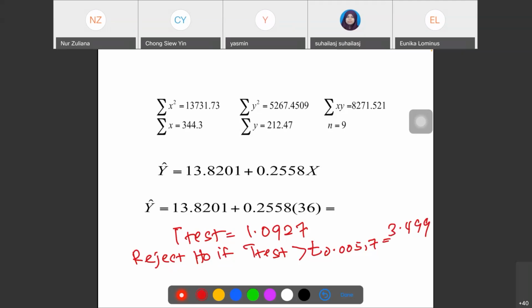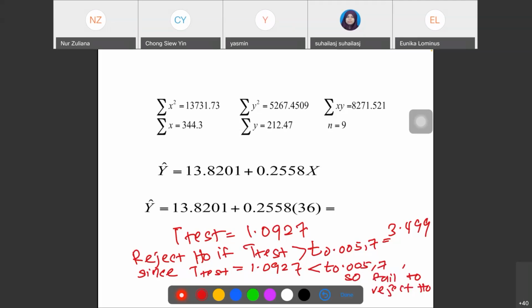So in this case, since the t-test value is 1.09, which is less than 3.499, fail to reject H0.